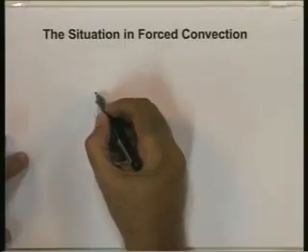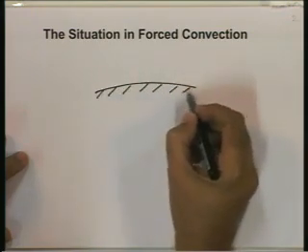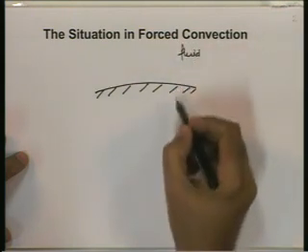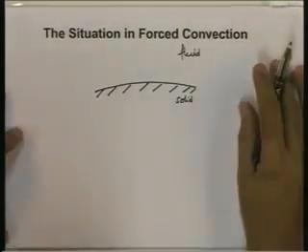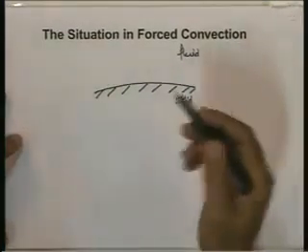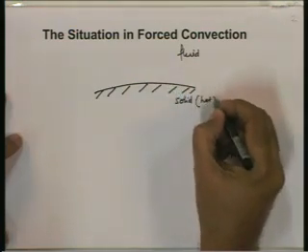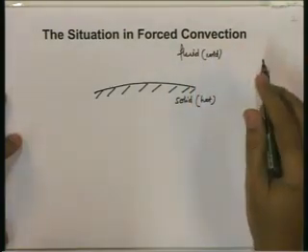Now we will look at the basic situation in forced convection. In forced convection, we invariably have a surface which is exposed to a fluid. Fluid may be liquid or gas. For the sake of illustration, let us assume that the surface is hot and the fluid is cold compared to each other.